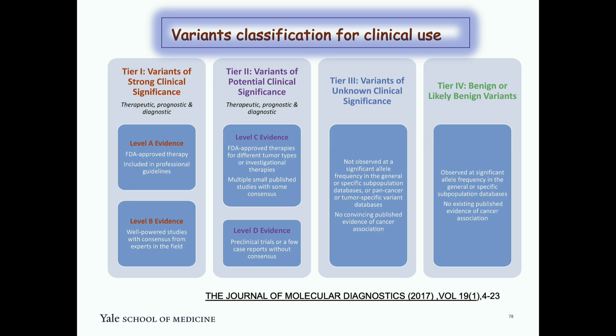This is basically for somatic variants. But tier 3 variants are the most interesting ones, yet we don't have any handle to deal with them, and they are variants of unknown clinical significance.